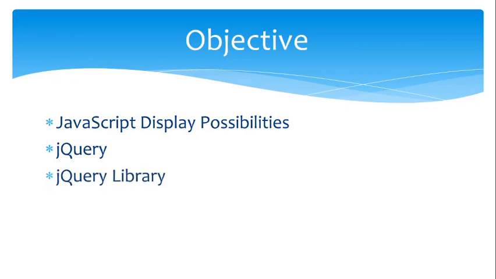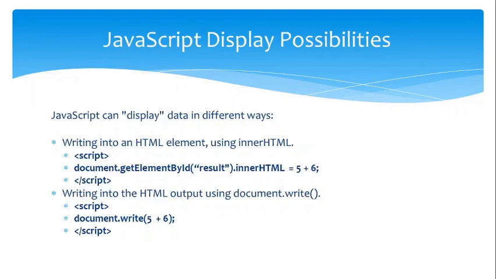Okay, and we are going to see what are the jQuery libraries, and where the jQuery is used in the web. Okay, so first we will see JavaScript display possibilities.